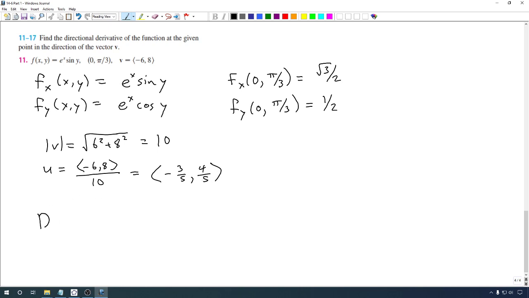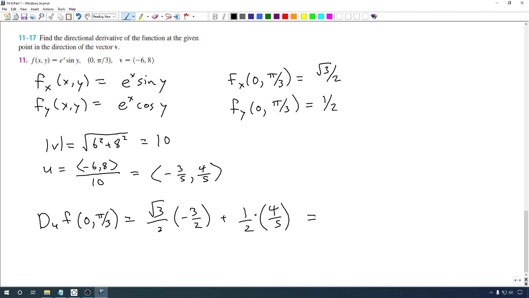So our directional derivative is our derivative with respect to x times our first component of u plus the derivative with respect to y times the second component of u. And if you want to simplify that, we can make it what? So this will give us a 4 over 10.